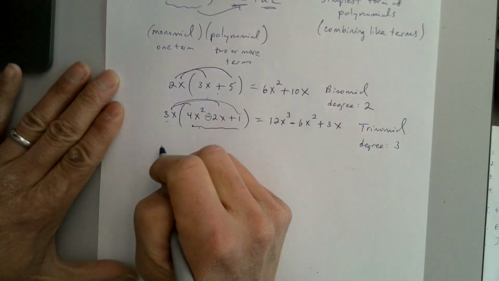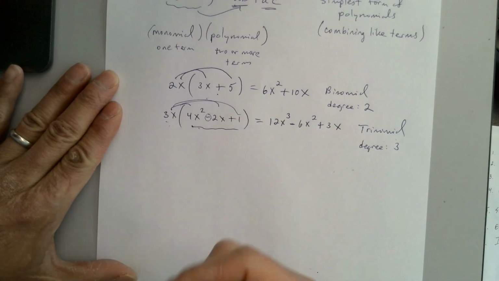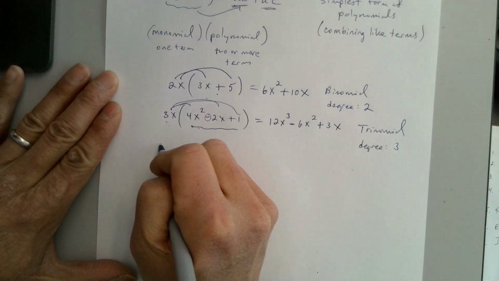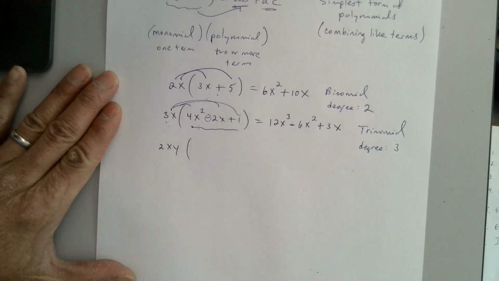Okay, one more example with a monomial times a polynomial. I'm going to throw in a second variable. 2xy is now my monomial.